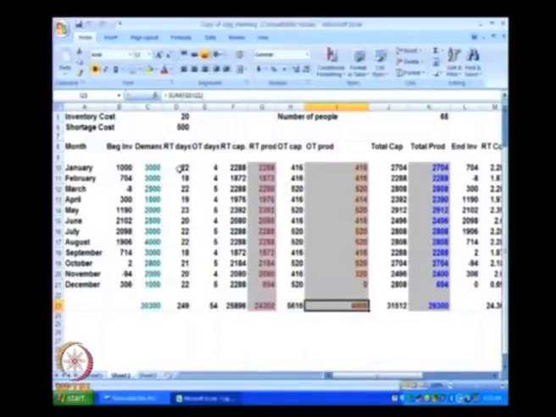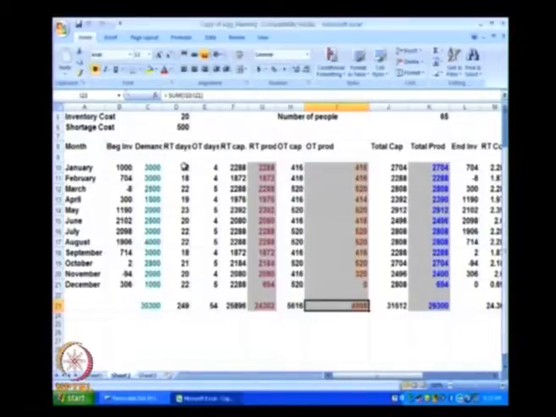Now once we know the regular time days, we multiply them by a constant, so if there are 22 days, a total of 2288 units of regular time capacity is known. The regular time capacity column can be calculated by multiplying the regular time days by a constant, which happens to be 104 in this case. 22 into 104 is 2288.